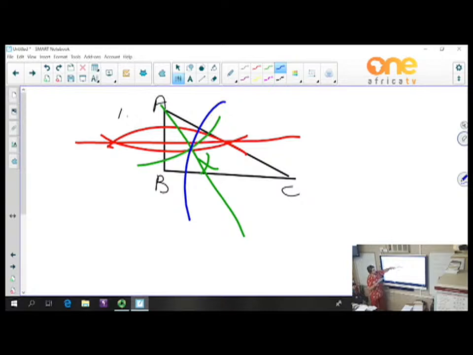Then they say closer to AC than to AB, which means it's on that side, isn't it? And then the last one is more than 9 centimeters, so it must be more than 9 centimeters. So it's closer to A than B, closer to AC than to AB, between this line and more than. So this is where you're going to shade. That's the part that you have to shade. Mine is small. Yours will be a little bit bigger.